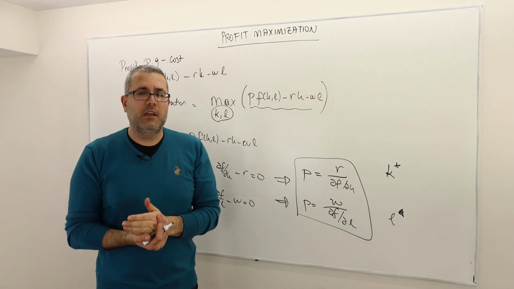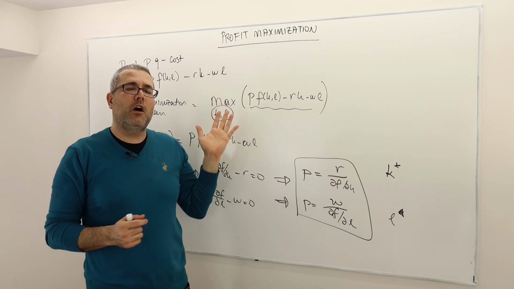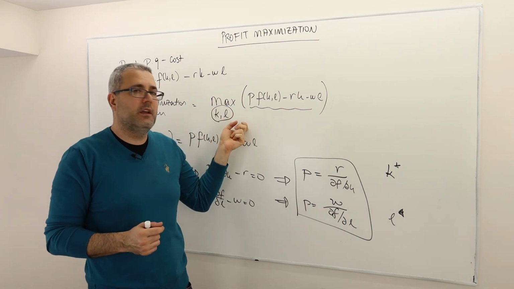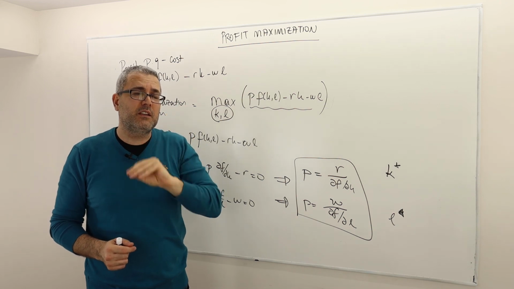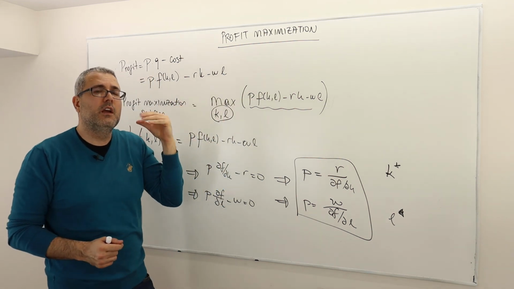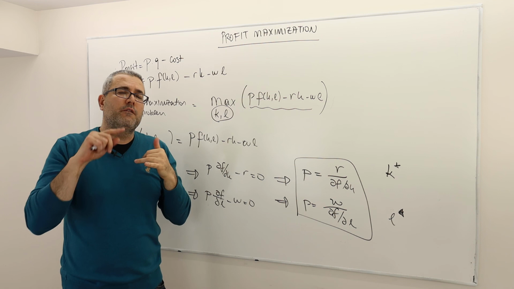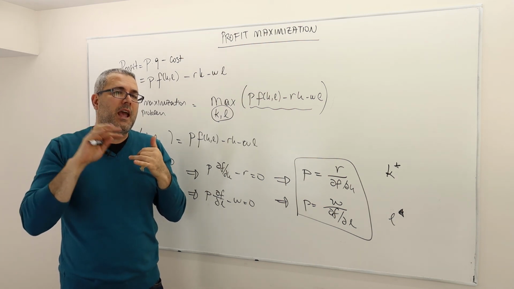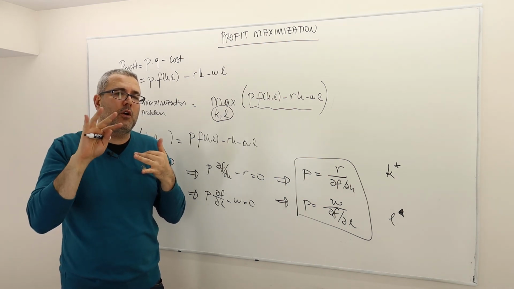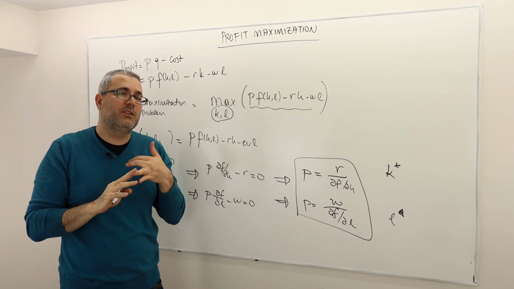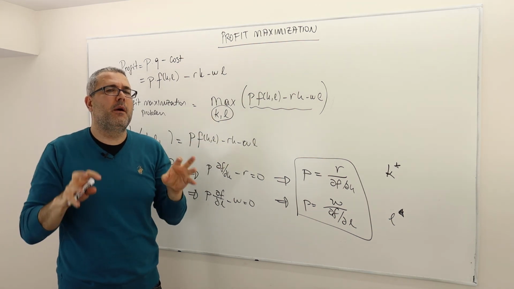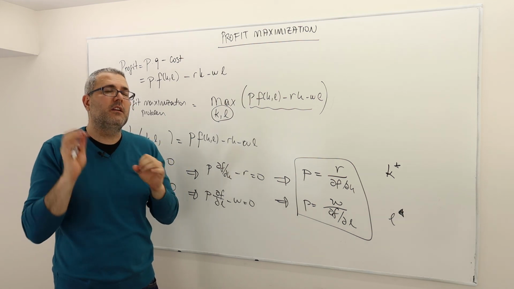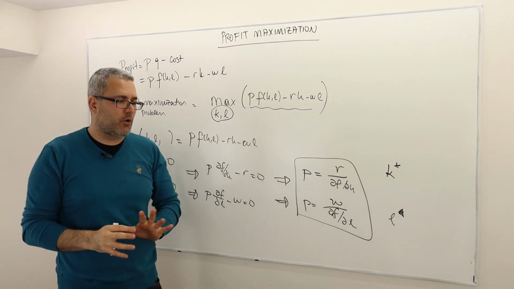So one thing is that if you solve the profit maximization problem this way, the total profit you're going to find is going to be exactly the same as the total profit if you first find the optimal cost function and then find the optimal profit maximizing quantity and then calculate the profit. So these two profits must be the same. If not, that means you're doing something wrong. Okay?